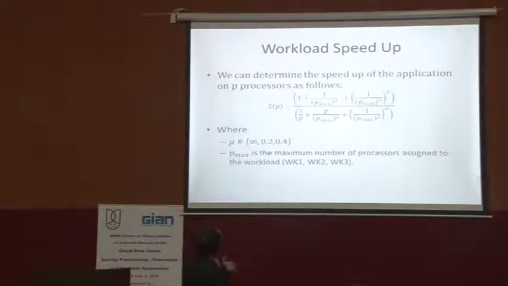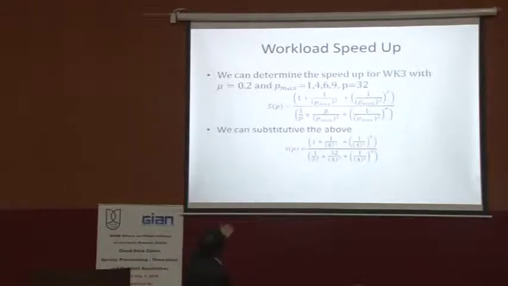Now, all you have to do to see how these guys are faring in terms of scalability is to put in the number of processors they ask for, or the number of tasks they have, and this value, that's it. So if you look at this here, as an example, I want to create work 3. Work 3 is 0.2, so mu is 0.2. Now I can vary the number of tasks this particular job wants, right? If it's one processor, then we know it is sequential. It's 1, 2, 3, 4.